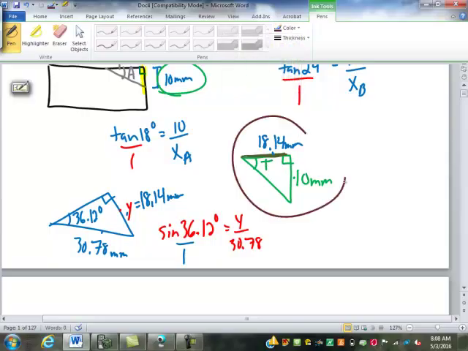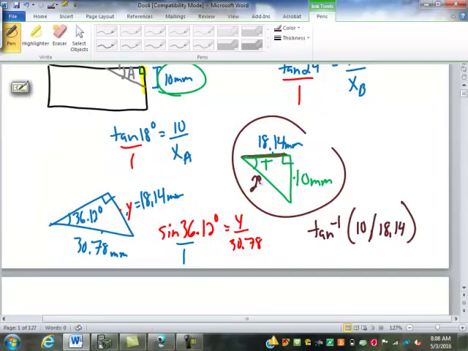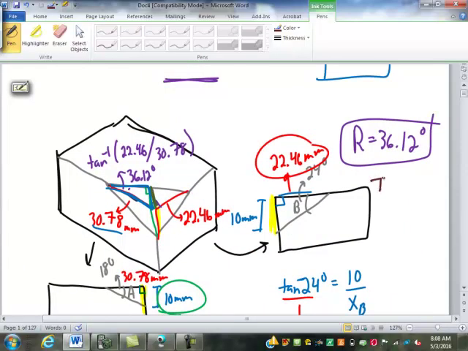So now T is going to be simply an inverse tangent of the opposite side of 10 millimeters over the adjacent side of 18.14 millimeters. Here is 28.87 degrees. So their tilt, 28.87 degrees.